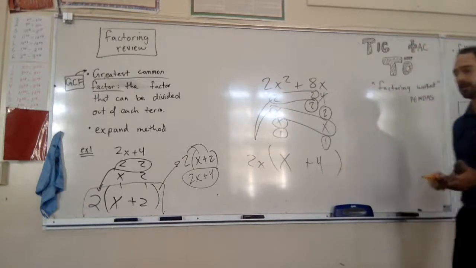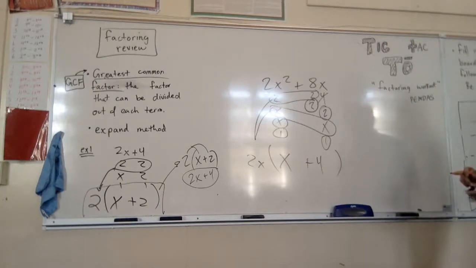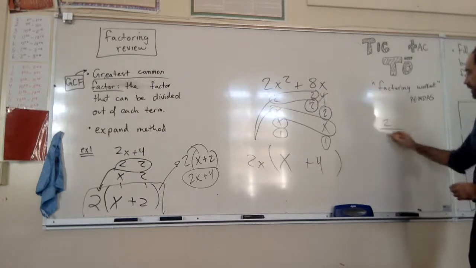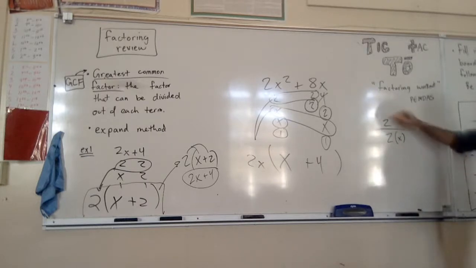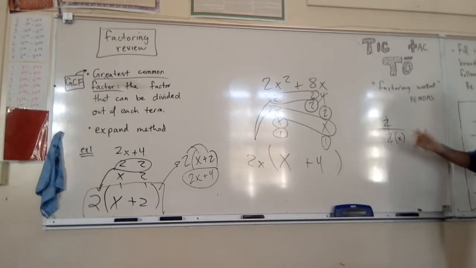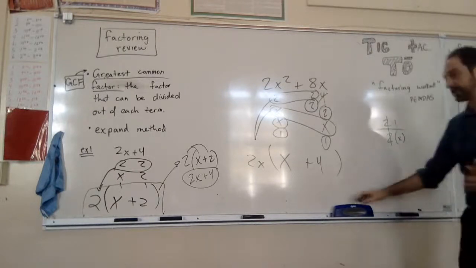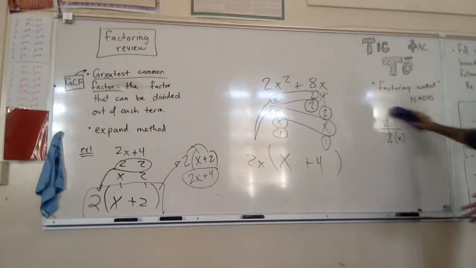It's kind of like if you have 2 over 2 times x, and you reduce this, 2 over 2 is 1. I don't want it to be confusing, where you might think there's nothing left on top. So the reason I'm including the 1 is, this is really 2 times 1. When we cancel those 2s, because 2 divided by 2 is 1, we have to see that there's something left over on top. That's a helpful hint. If you see it the other way, that's fine. This is just the way the tool I'm using works.